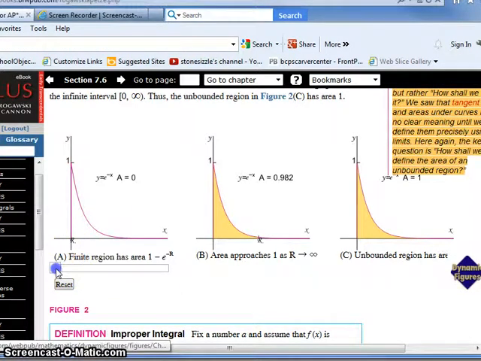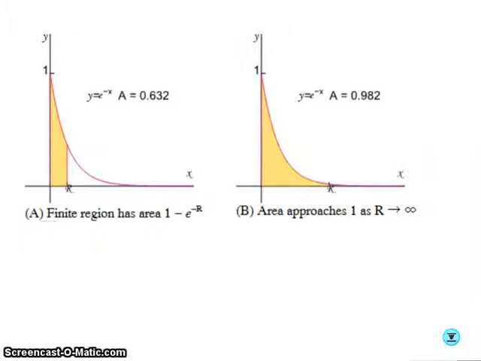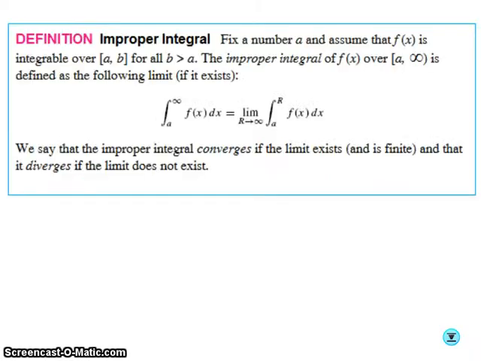And if you look, as that value r goes out to infinity, you can see it approaches 1, eventually going to 1 as we go to infinity. I think that's kind of cool. So there is our first example of an improper integral.